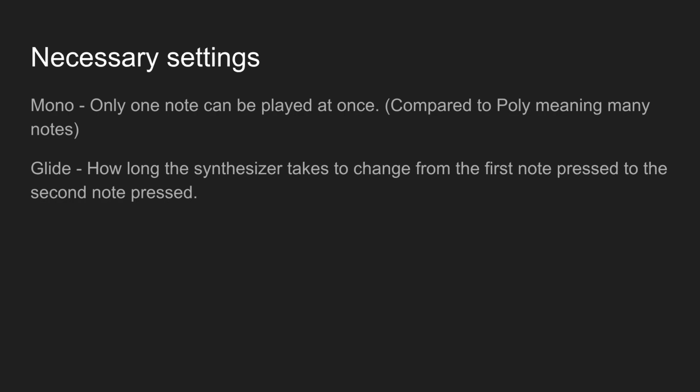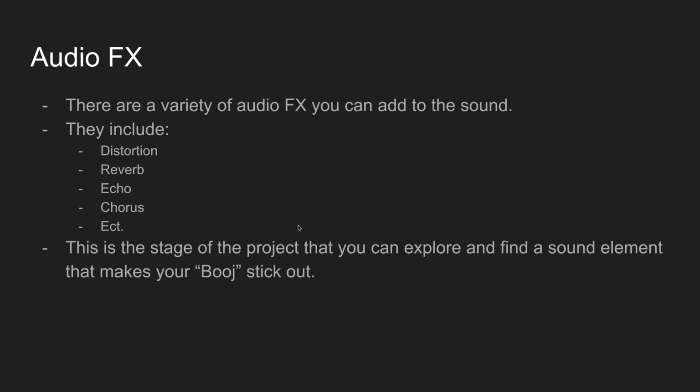I think later on, if you want to try exploring having multiple oscillators, that's your choice. Keep in mind that we want to have the settings on mono, and you want to adjust the glide for the purpose of your sound effect. You can then add whatever distortion, reverb, echo, chorus, etc., including adding a second oscillator if you want to try that out, or changing the sound wave at this point.